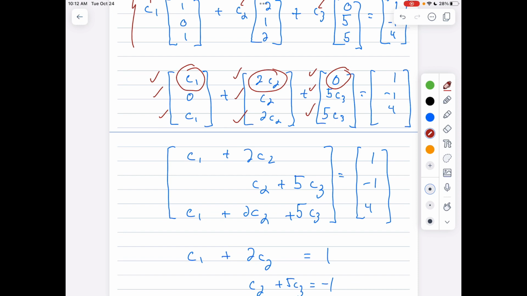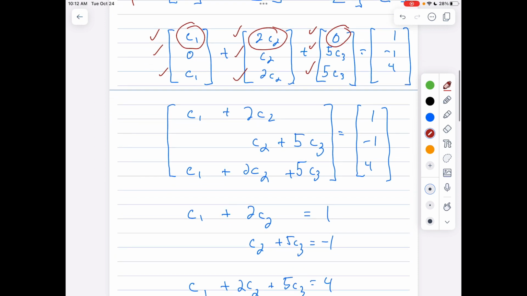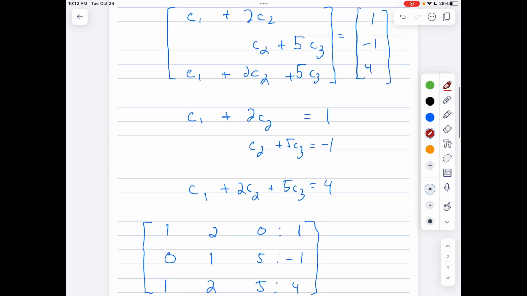And the last row would be C1 plus 2C2 plus 5C3. Okay? And all of that is set equal to (1, -1, 4). If you have two matrices that equal each other, then each of the corresponding components have to equal each other. So the first row has to equal, the second row has to equal, and the third row has to equal for both. So you come up with a system of equations right here.